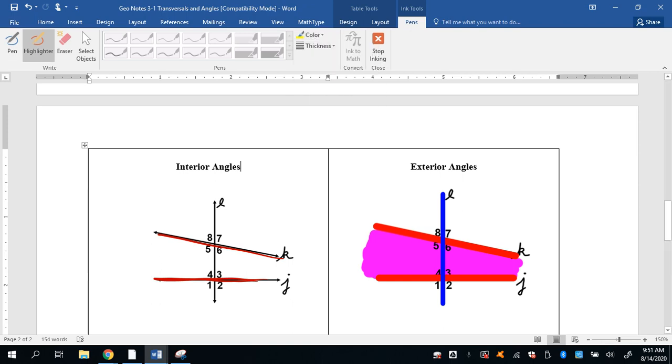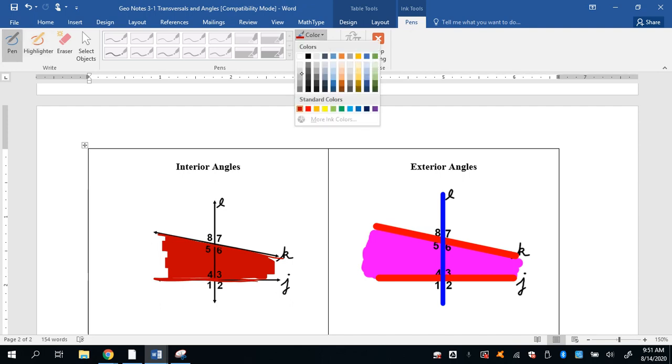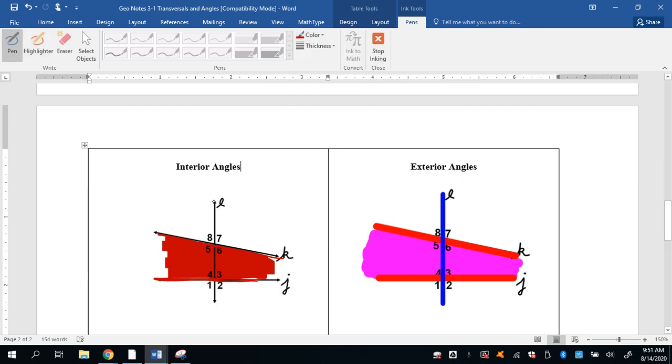If not, just use your pencil to highlight line L, which is the transversal. So here we go. It's a little hard to see those letters, but they're okay. Then I'm going to use a blue color for the transversal, but you can just highlight it with a pencil if you want. So the transversal is L.